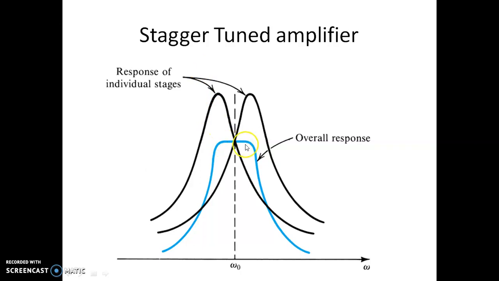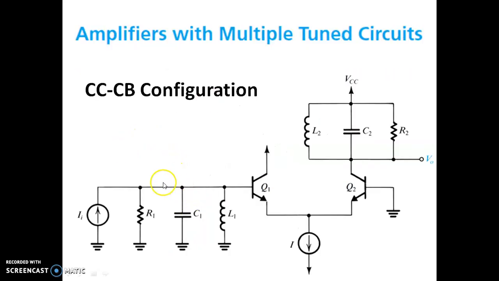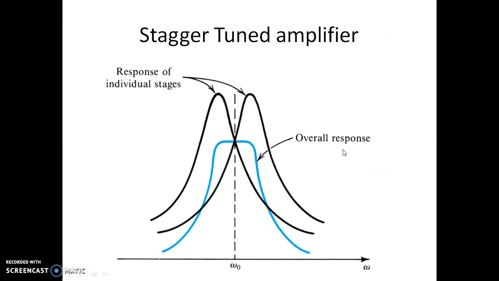The bandwidth of this type of staggered tuned amplifier is decided by the tuned frequencies of the two tuned amplifiers, which are placed at different frequencies. In this case, the values of the first tuned circuit are different from this one, so we end up with a staggered tuned amplifier.